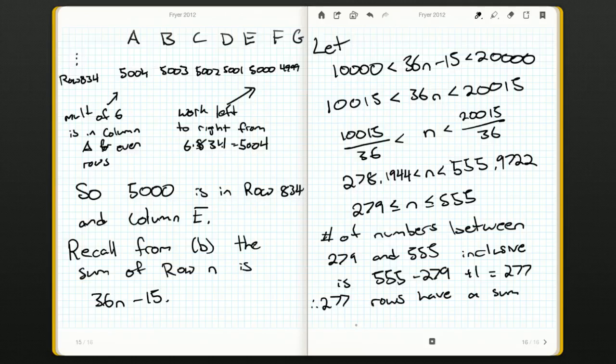So 277 of the rows have a sum greater than 10,000, less than 20,000.